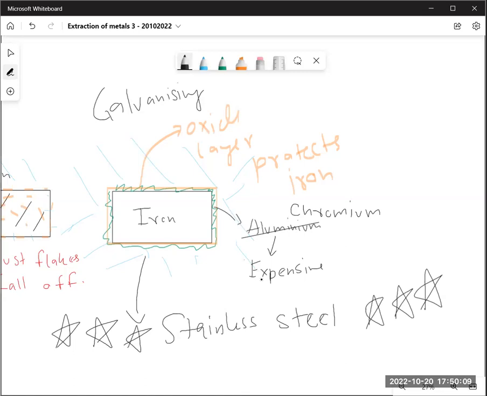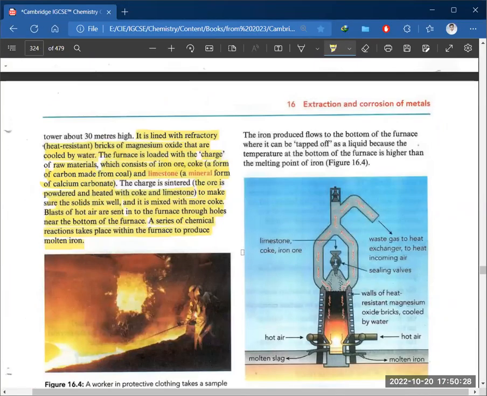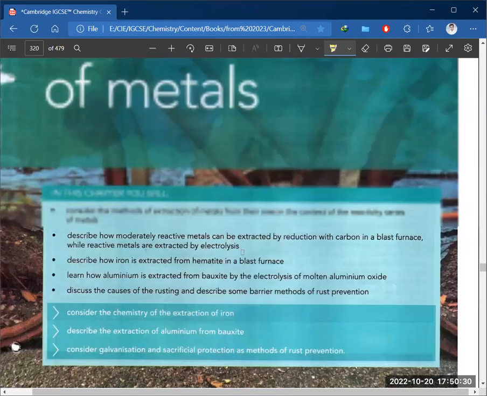Alloy. It contains, like you said, chromium, and I think carbon. Not carbon, not at all. Look at the book here. Can you see the book?